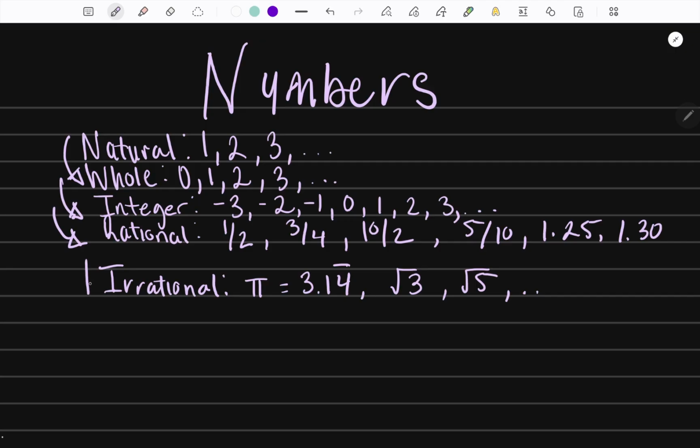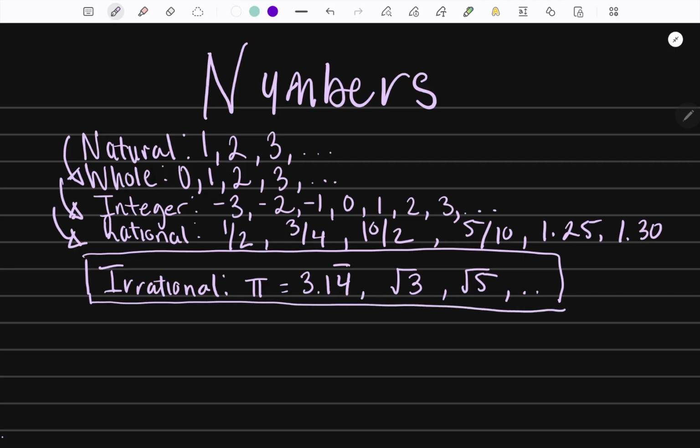So, an irrational number does not follow the same pattern where it is composed of the others. That is the difference between rational and irrational. But we have one more category of numbers, which is real numbers.